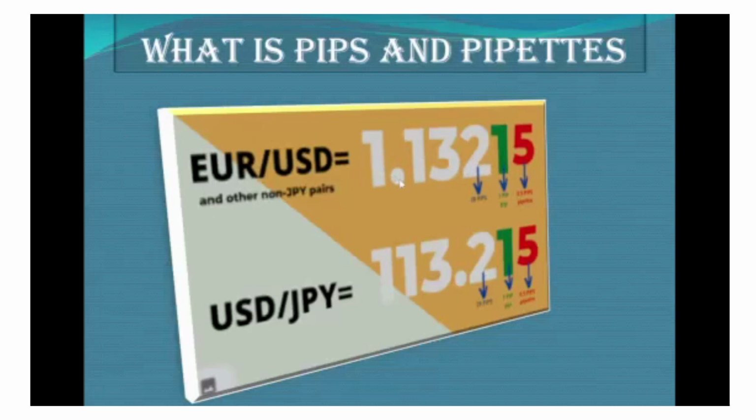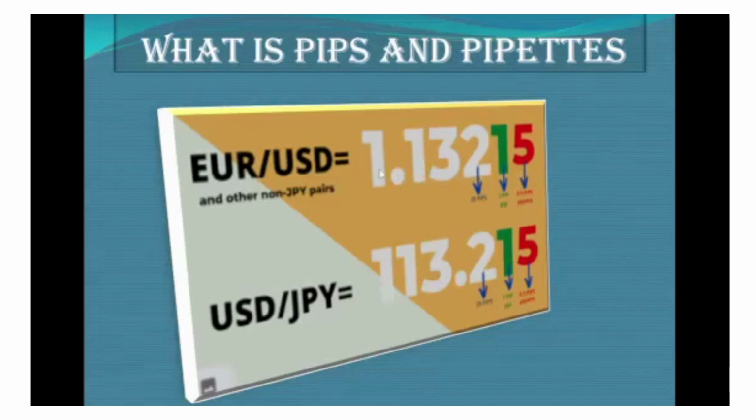You say 1.1321 and not adding this, because whenever you add this, you've actually added the 5th decimal place. That means you are now calculating in pipet value and not in pip value. So whenever you're calculating your pips, you calculate from here, 1.1321, and then you end it.